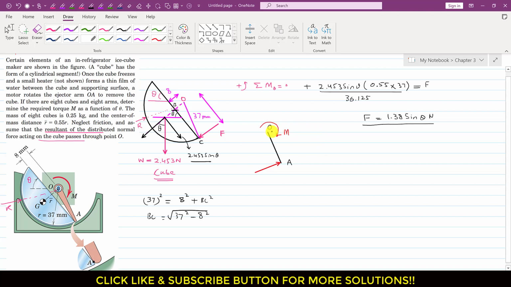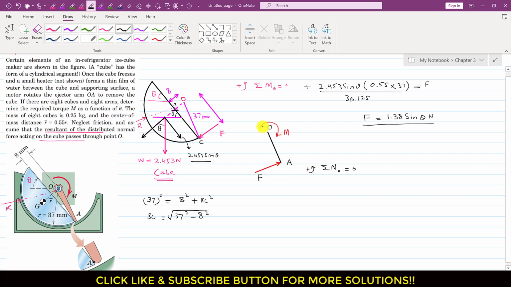Now when we consider this OA arm for equilibrium, again I apply the summation of moment about point O equals to 0, since the system is also in equilibrium. This is that force F. We will assume that the counterclockwise moment is positive.